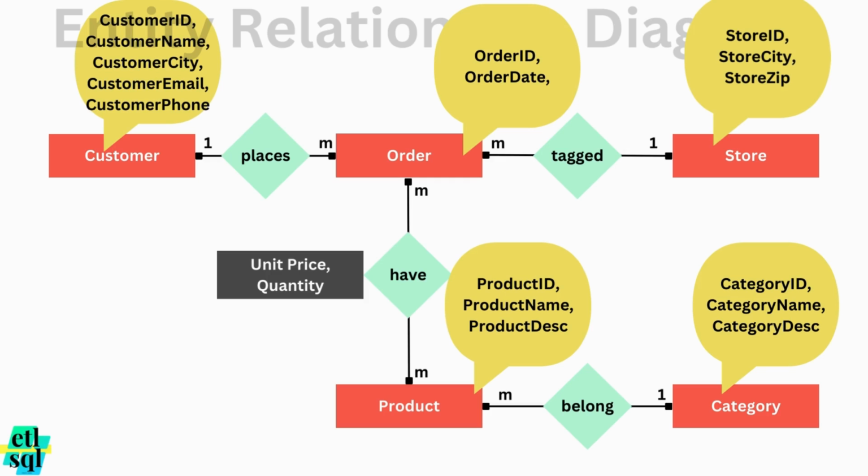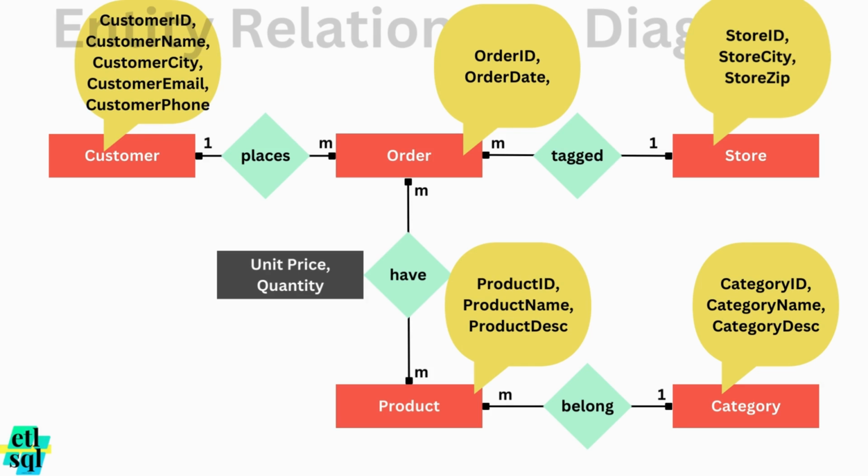So when I have to generate the cardinality, what I do is I hop from one entity to the second entity and then from the second entity to the first entity. And I see what is the relationship between the rows that may exist in this entity compared to the rows that exist in this entity. So a customer can place multiple orders.